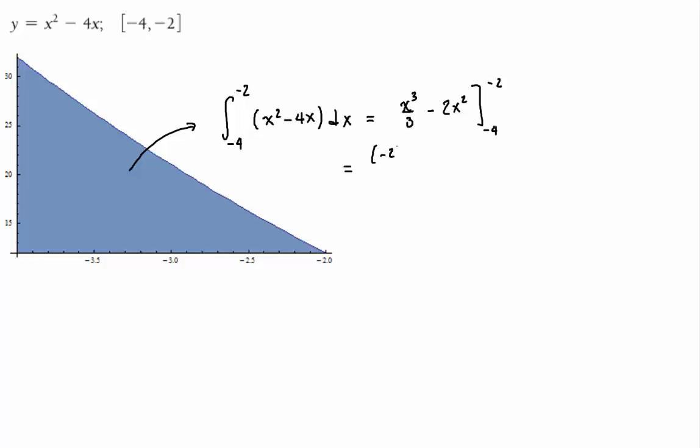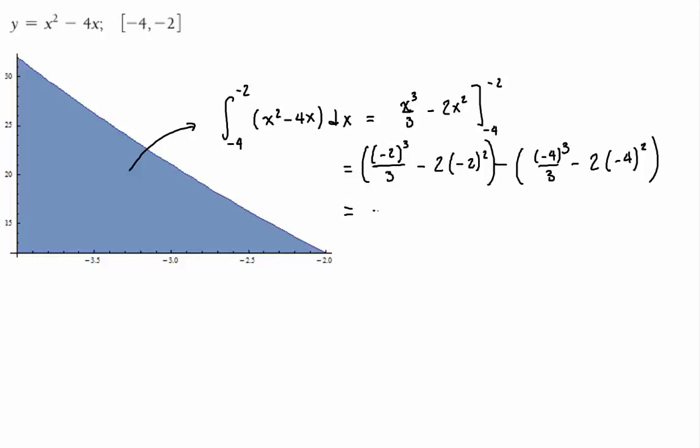Negative 2 cubed over 3, since I'm evaluating at negative 2, minus 2 times negative 2 squared, then minus, and I put parentheses, and then I write negative 4 cubed over 3, and then minus 2 times negative 4 squared, and then I close my parentheses. This big first parenthesis would be F of b, and this would be minus F of a. b would be negative 2, and a would be negative 4.